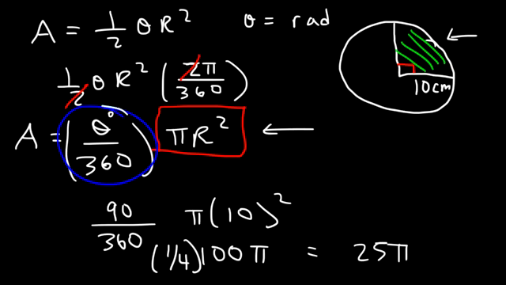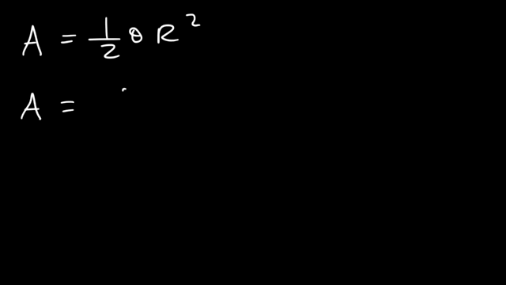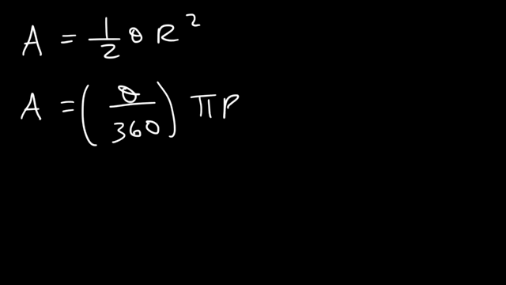It's simply the fractional part of the entire circle. So theta over 360 is just the fraction of the circle that represents that small sector times the area of the entire circle. So make sure you're aware of these two equations: 1/2 theta r squared, that's for the angle if it's in radians, and theta divided by 360 times pi r squared if you have the angle in degrees.